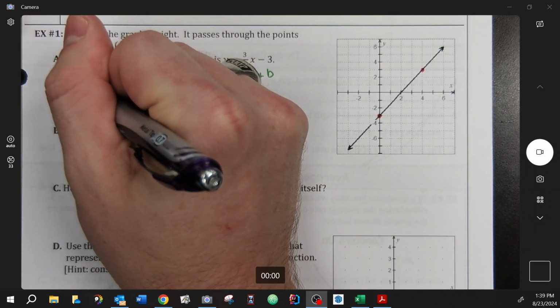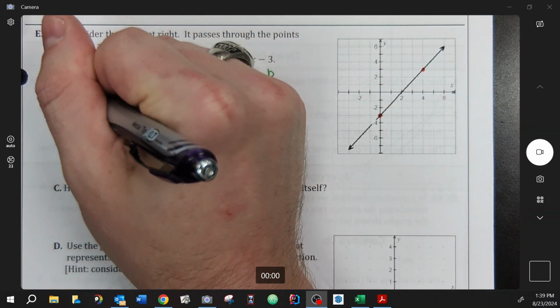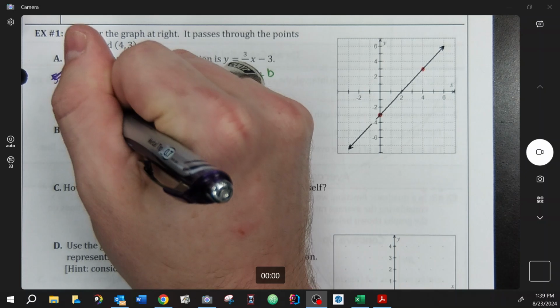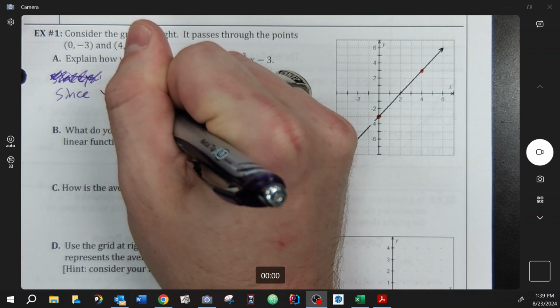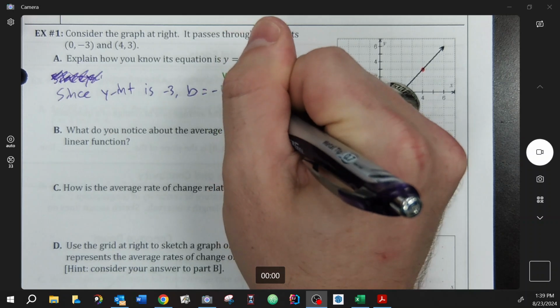Since the y-intercept is -3, b equals -3.